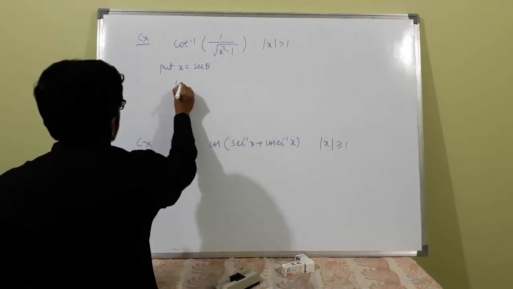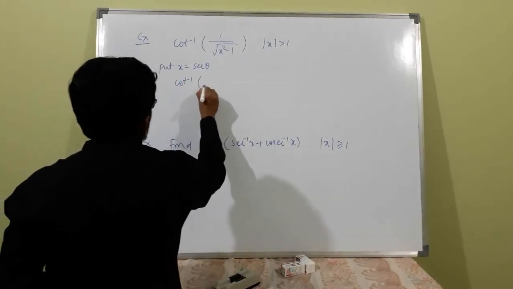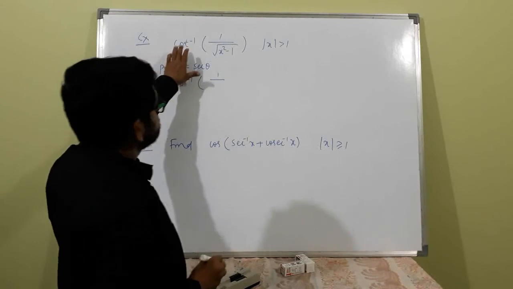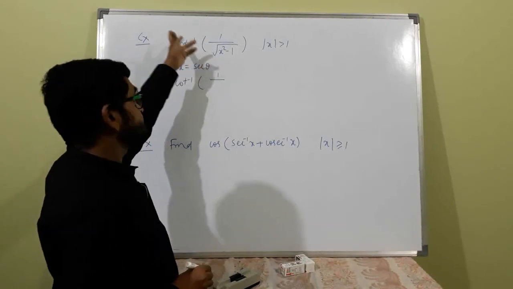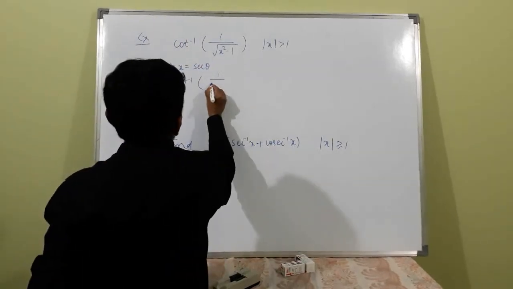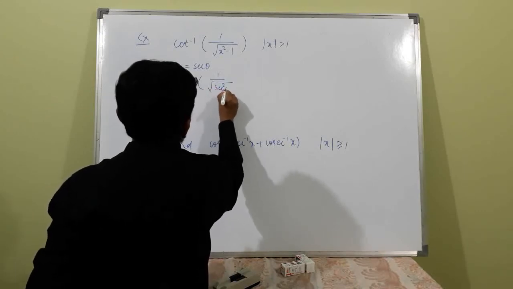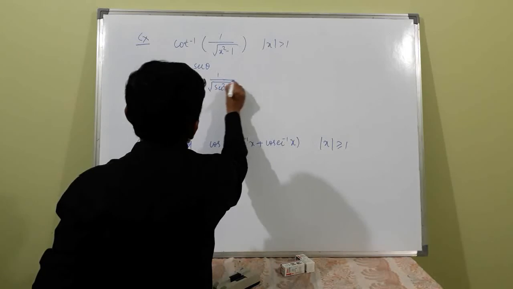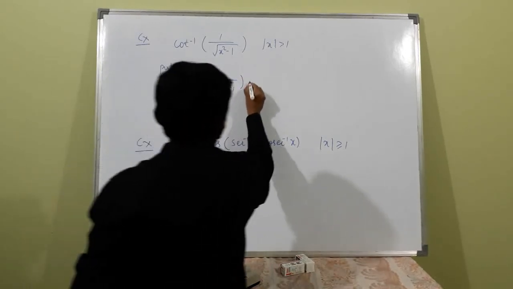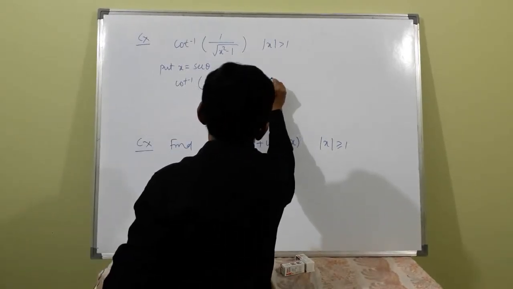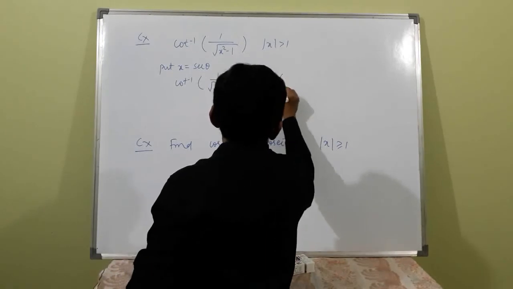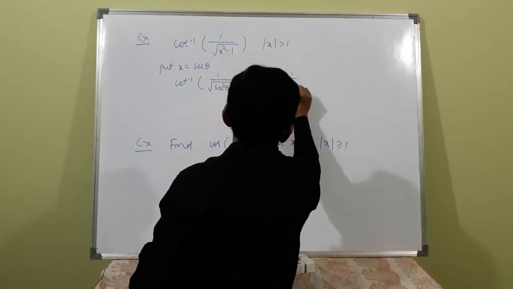Cot inverse of 1 by root of secant squared theta minus 1, that is cot inverse of 1 by tan theta.